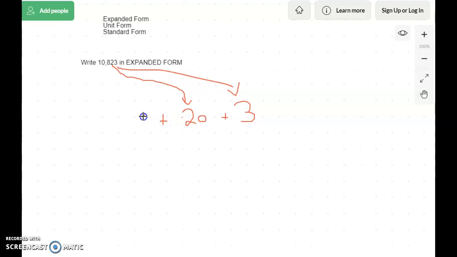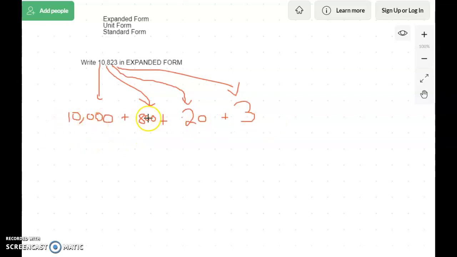Then I have 800. I don't have any thousands, so I don't have to write anything there. But I have 1 10,000. So I'm going to make sure to write that. 1 10,000. And you know if you've done this right when you can add them all together and get the same number.